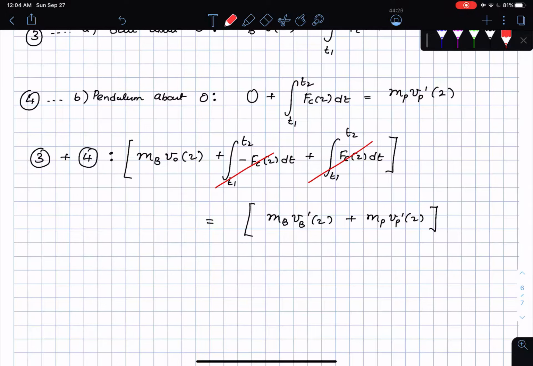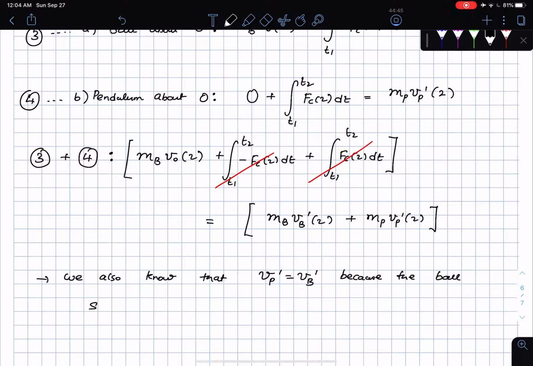Okay, one more thing we know in this problem is that Vp prime is equal to Vb prime because the ball sticks to the pendulum.